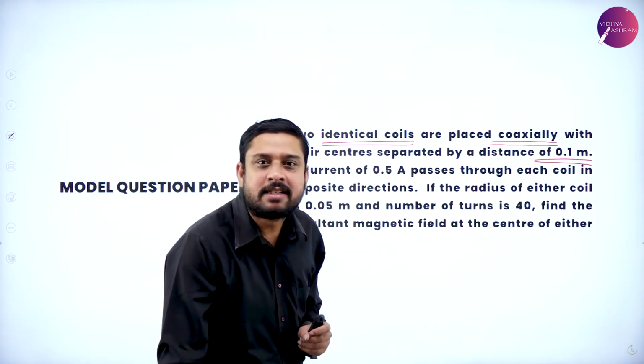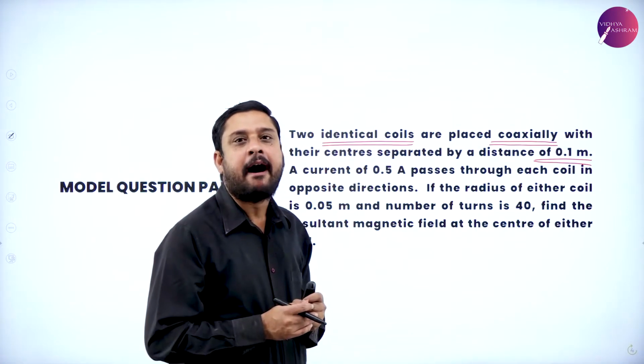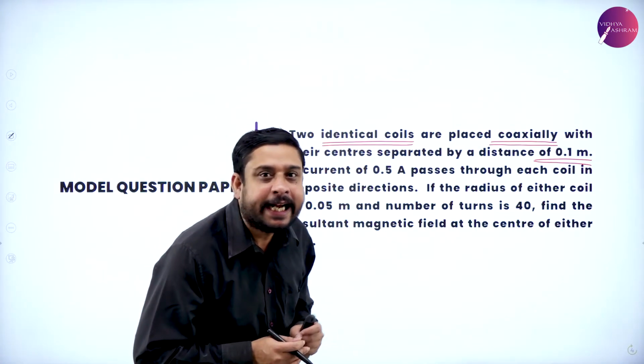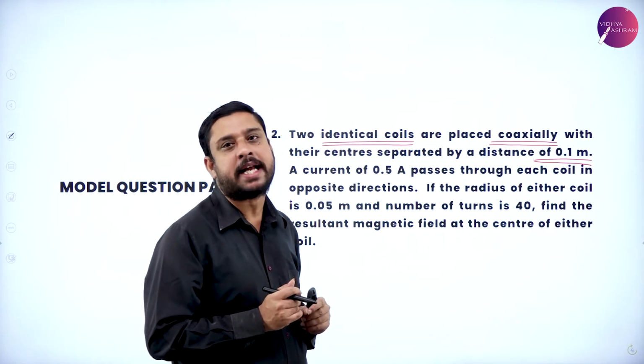So the centers of the two coils are separated by a distance of 0.1 meter.